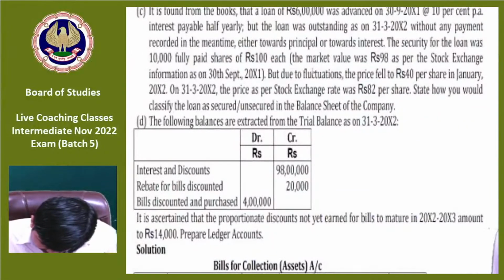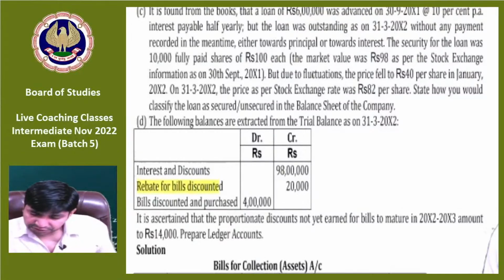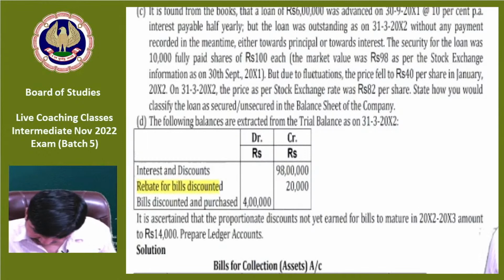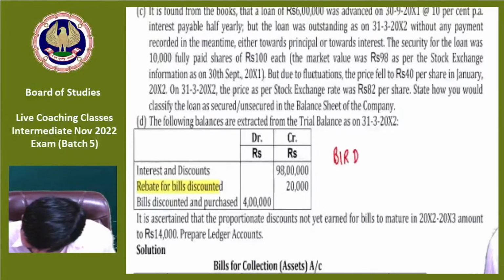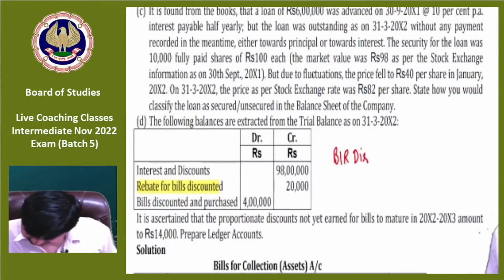So rebate on bills discounted. The third point is there, where you can give the heading bills discounted. It will help you while you are revising all these chapters.